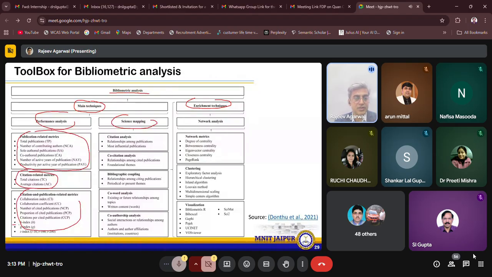So you must be understanding h-index, g-index, i10 index, i100, i200. And science mapping includes citation analysis, co-citation, bibliographic coupling, co-word analysis, co-authorship analysis. And you need to understand the clusters, where EFA analysis and other analyses need to be done.